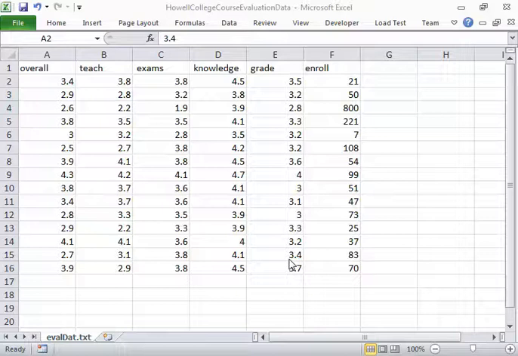We're trying to figure out what has the most impact on the overall rating, and what is the best indicator of the overall rating.